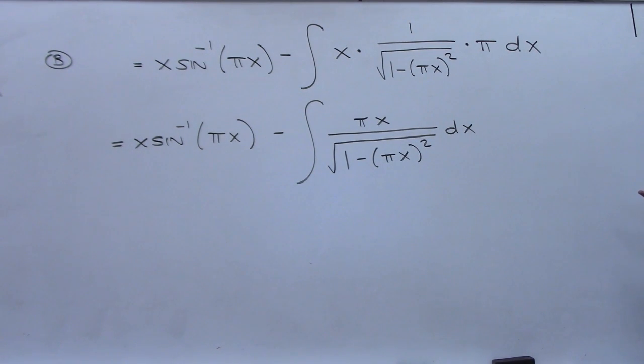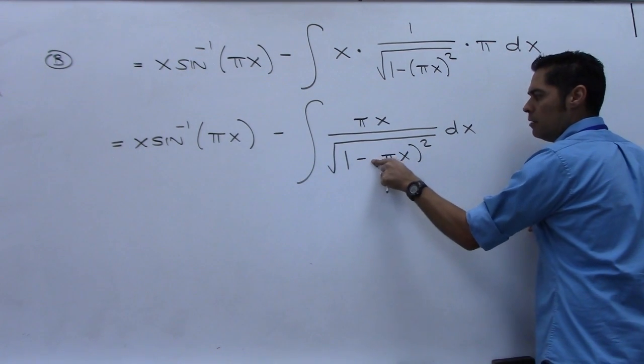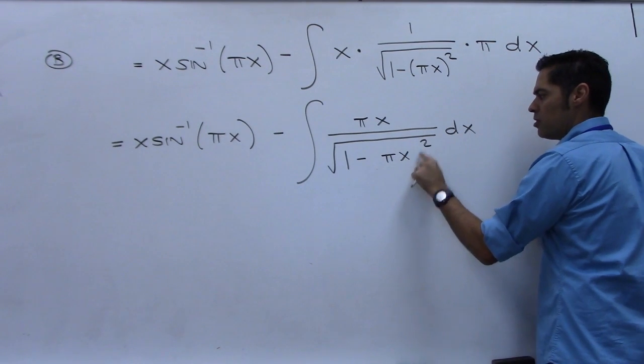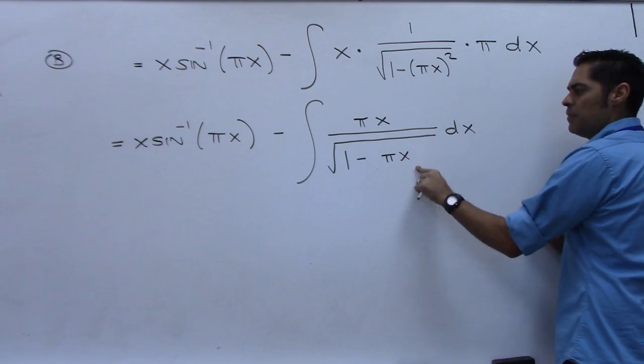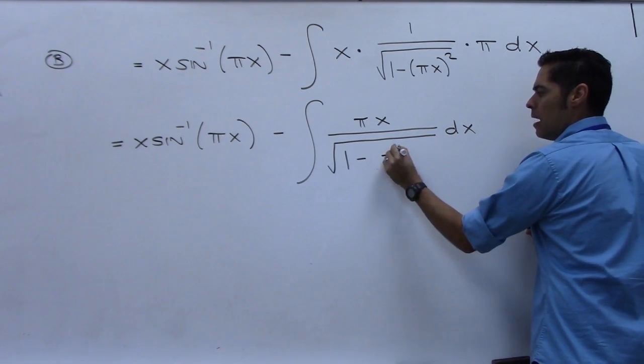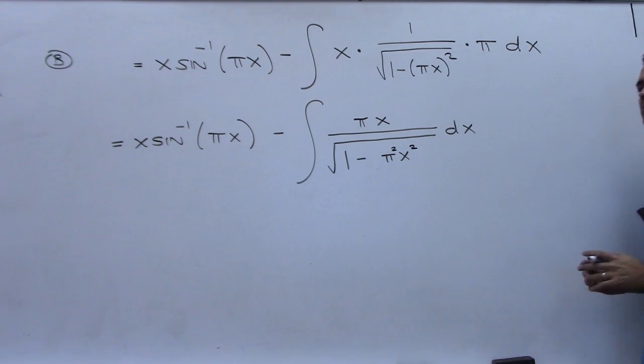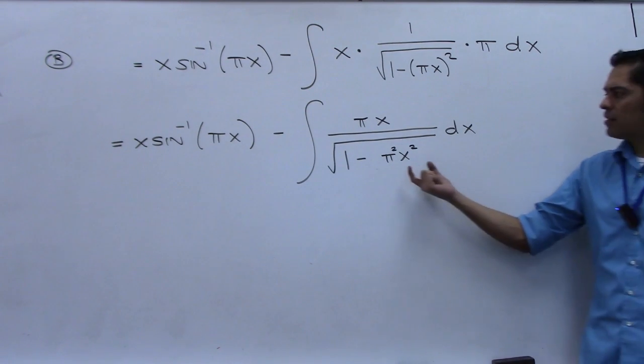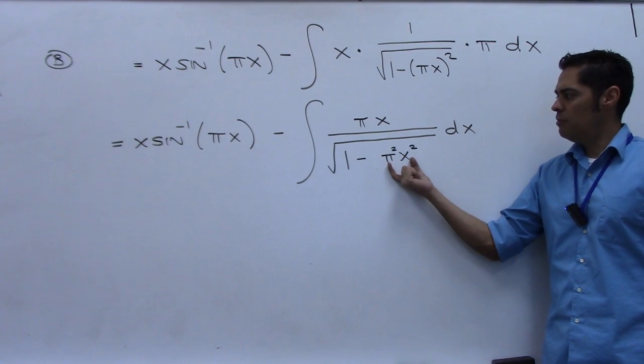Just a basic u sub. This is a basic u sub. Let me actually square this. So what happens if you square pi x? Pi squared x squared, right? That's what you get. What is the basic u sub that you see? Pi squared x squared is your u.